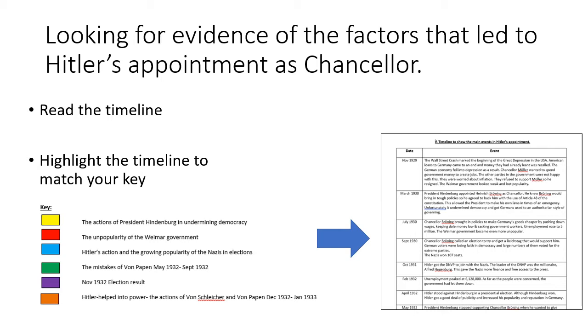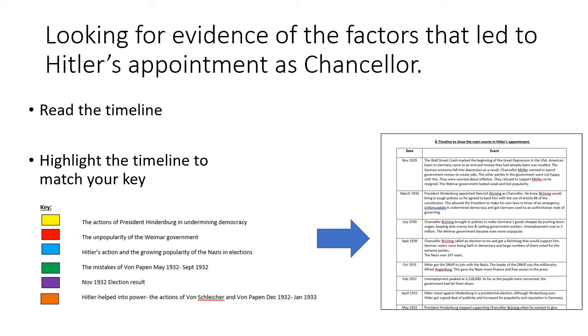Number 2, how popular the Nazis become, and therefore Hitler has to be considered for the role of Chancellor or Prime Minister. And number 3, finally, the evidence that actually, in the end, Hitler is helped into power. He's helped to achieve the position of Chancellor by powerful figures within the Weimar Republic.